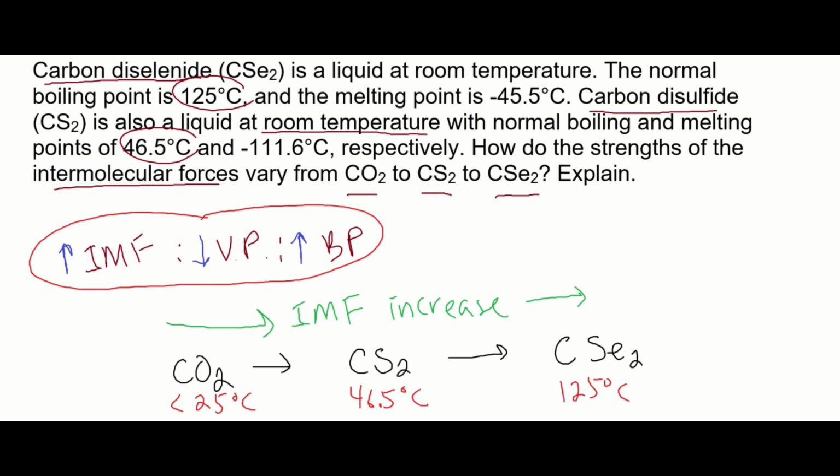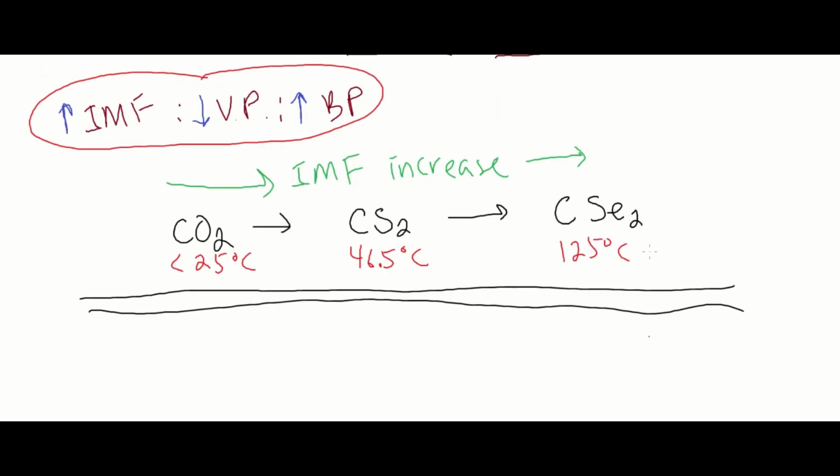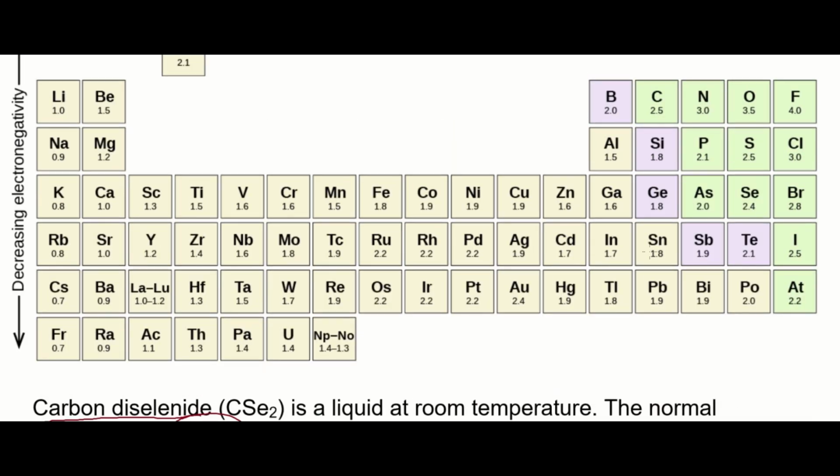A second way we could have answered this question is by taking a look at their structures. All three of these compounds have a central carbon surrounded by each of these chalcogens. So the structures are going to look very similar.